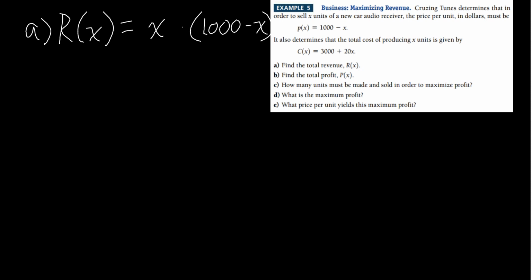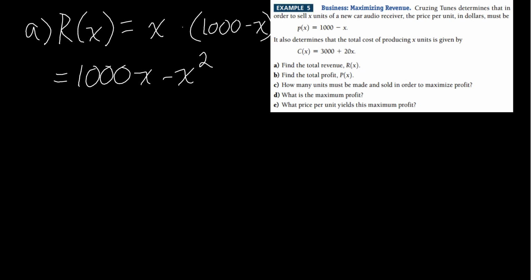If I'm selling car audio receivers at a certain price, let's just say they're $50, well, my revenue is how much I sell times the $50, right? That makes sense. So this is my revenue function, and of course, if I just distribute this x through, my revenue function is now going to be 1,000x minus x squared. That's my revenue.